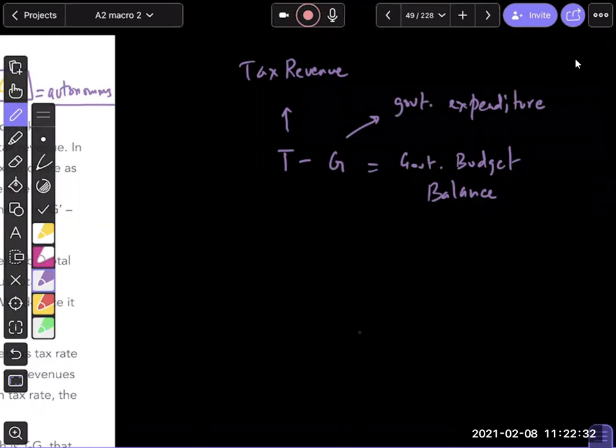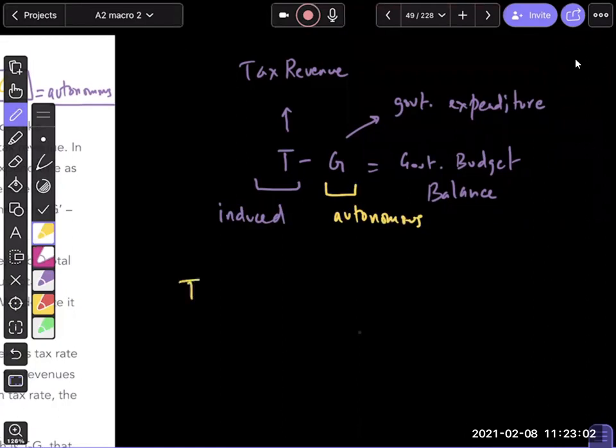The more income an economy has, the more taxes they will pay. Won't you agree with me? The more richer you are, the more tax revenue you will have. So that's why T is definitely what we call induced. This part is induced, which is dependent on income, while government expenditure, we believe, is basically autonomous, which means not dependent on national income. So that's one thing which we need to understand.